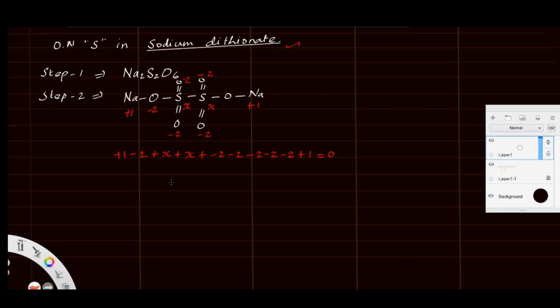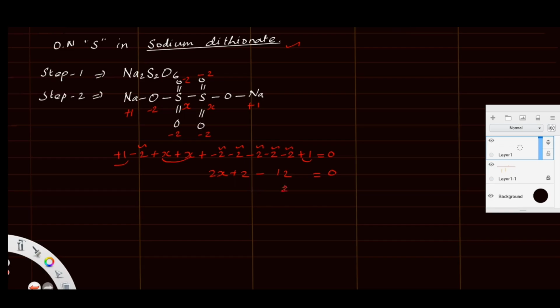On simplifying this equation, we have 2x and +2, so 2x plus 2 and -2, -4, -6, -8, -10, -12. So we get 2x minus 10 is equal to 0.